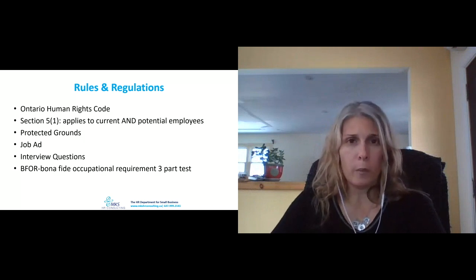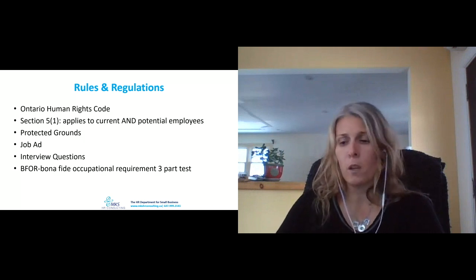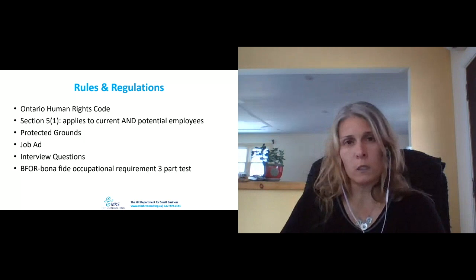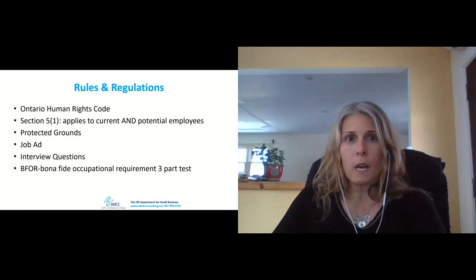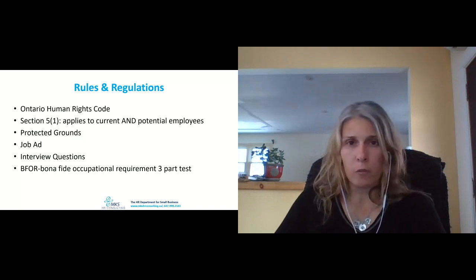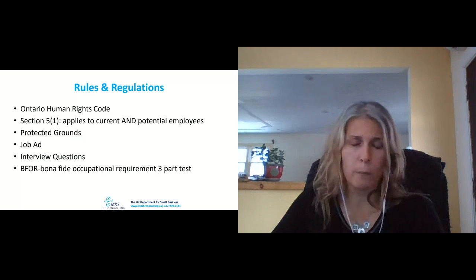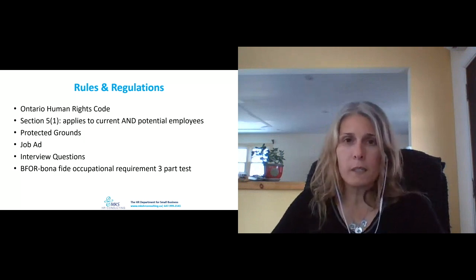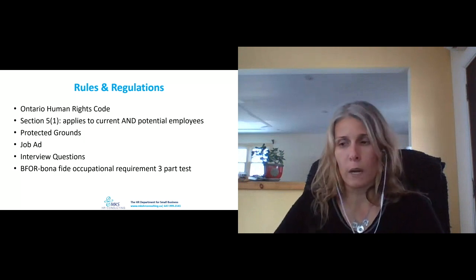Where it can get a little bit more tricky is around the job ad. Just be mindful of how you write your job ad. So let's say you write something along the lines of, the ideal person for this type of position could have a more mature profile. It could be seen as age discrimination. So you have to be mindful of this when you're writing it.